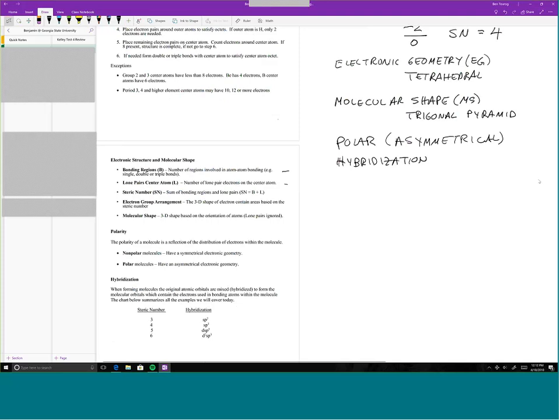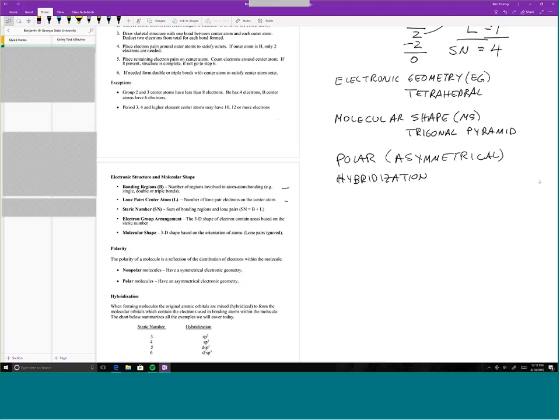You are familiar with the atomic orbitals, 1s, 2s, 2p, etc. So when we take those atomic orbitals and put them together to form a molecule, we hybridize them. They mix together to form the molecular orbitals that now contain the electrons.